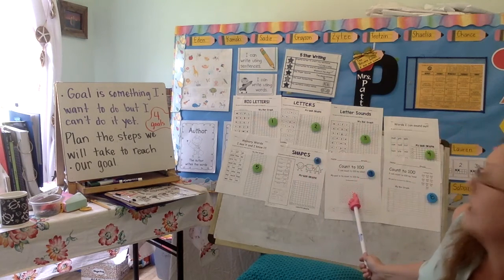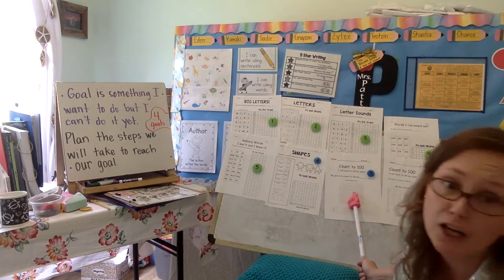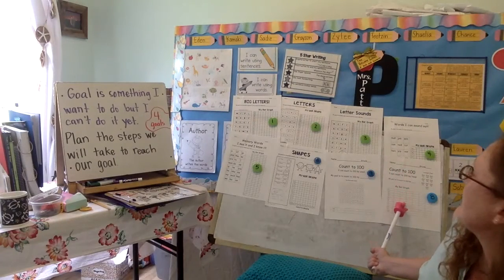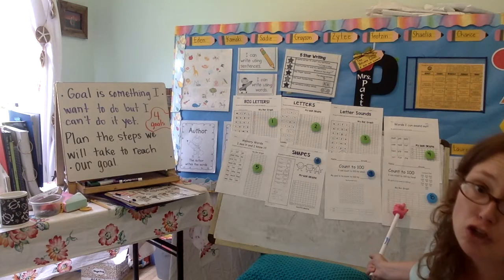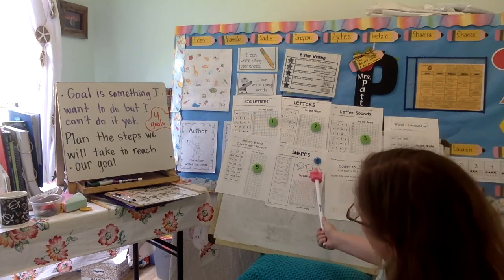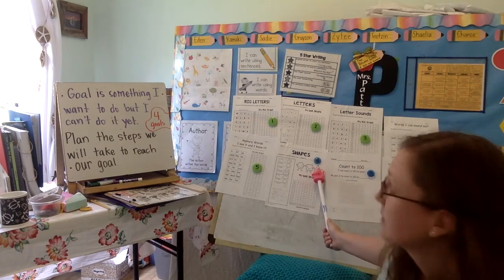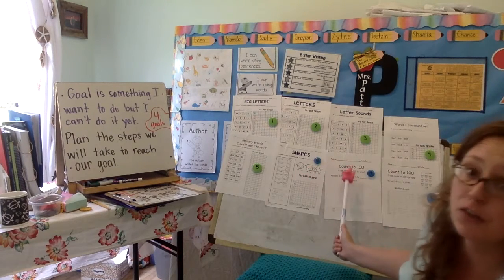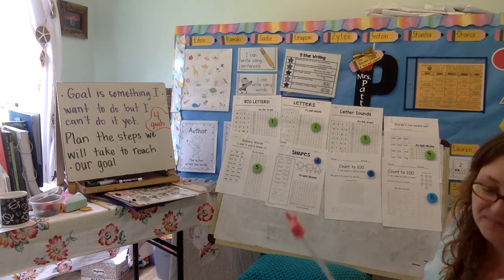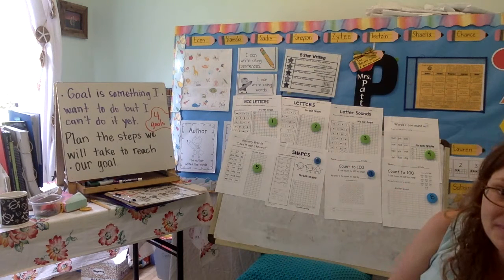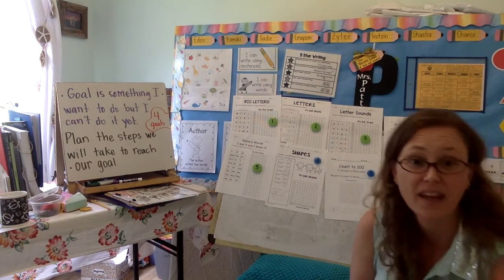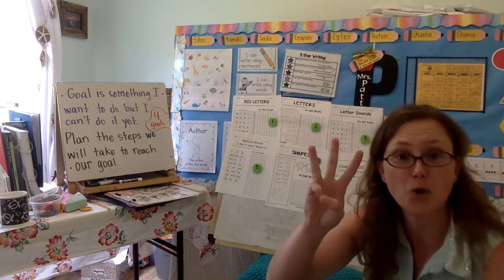Number 7, counting to 100 by ones. And last, number 8, counting to 100 by tens. So which is your choice? 6, 7, or 8? And that was our third goal.